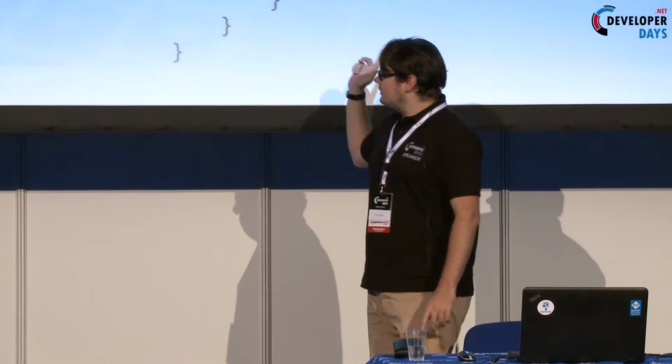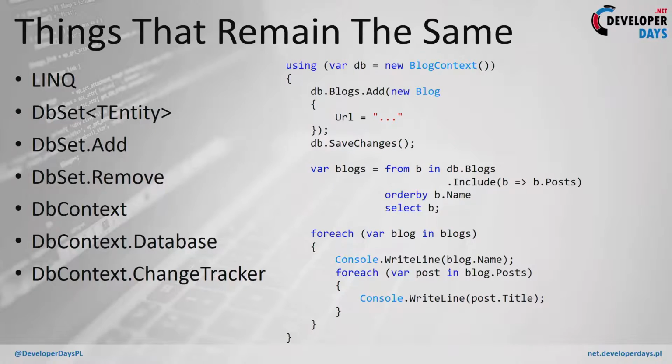This code on the right side of the slide works in EF6 and in EF Core. And so most of the code in your application, if you are not using anything special, if you are only using the standard things like adding entities to tables or querying the database using the Include statement and such things, will work.